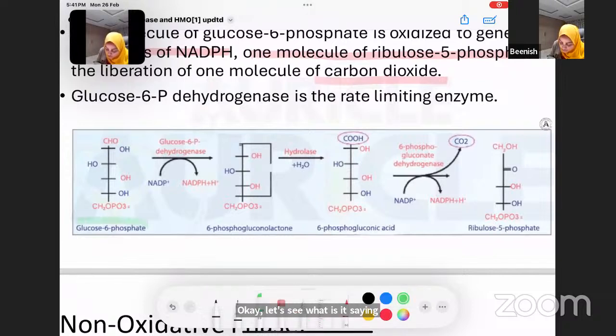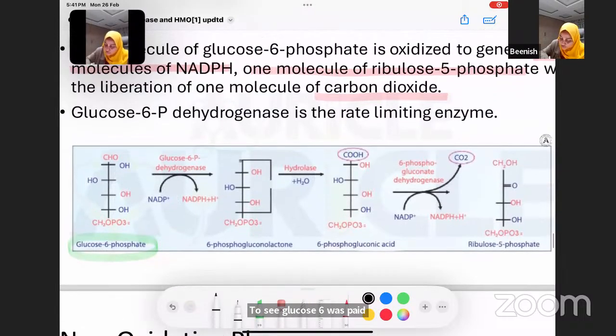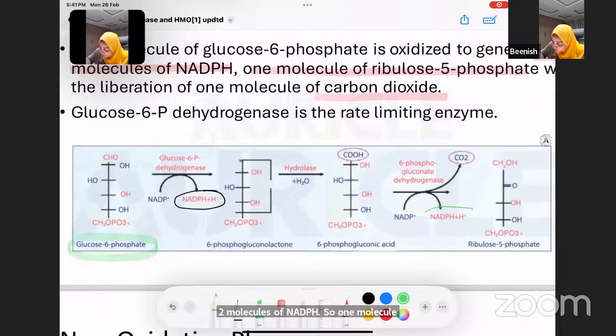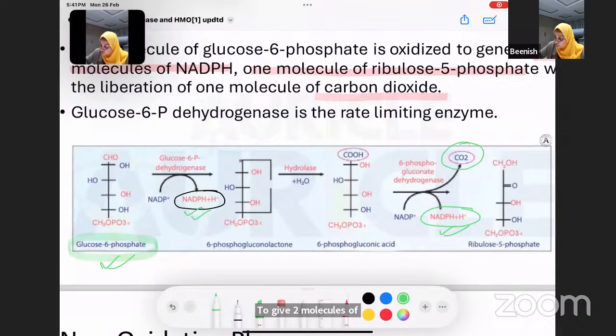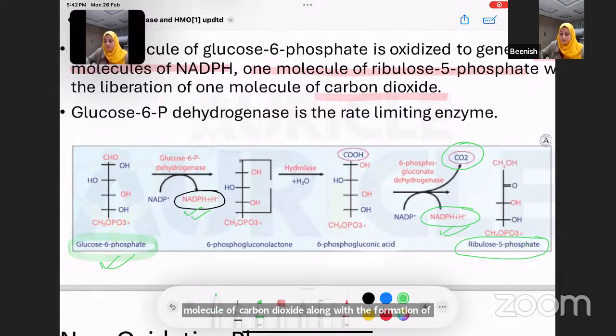So see glucose 6-phosphate here, two molecules of NADPH. So one molecule here and one molecule here. So one glucose 6-phosphate is oxidized to give two molecules of NADPH with the liberation of one molecule of carbon dioxide along with the formation of one molecule of ribulose 5-phosphate.